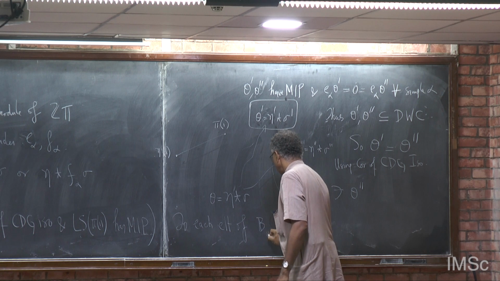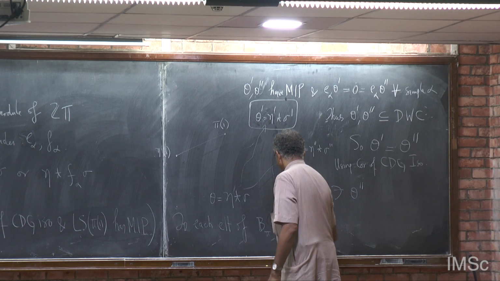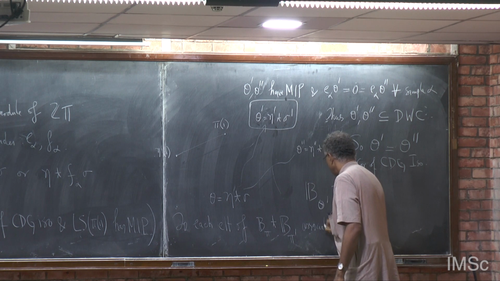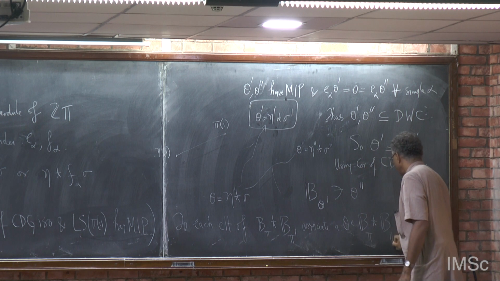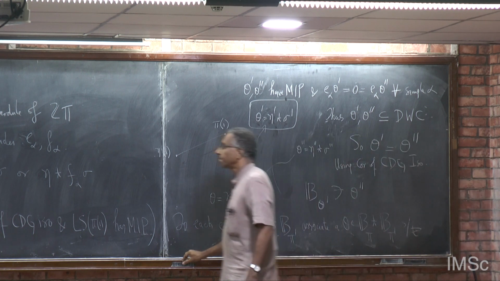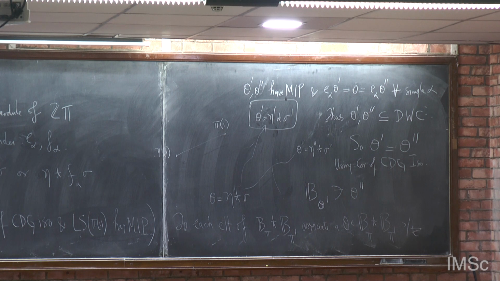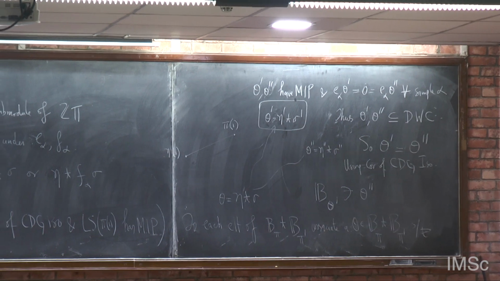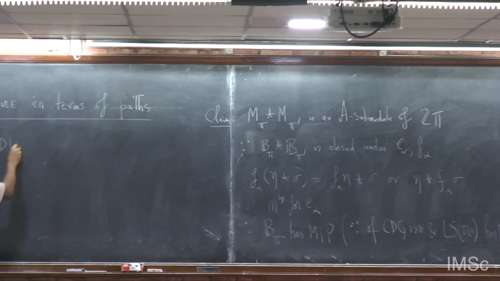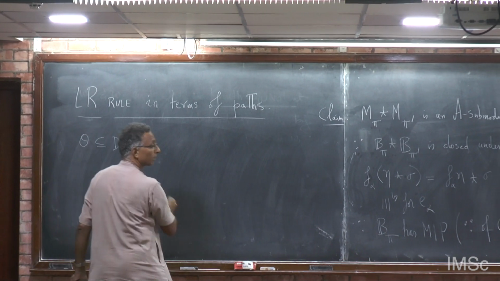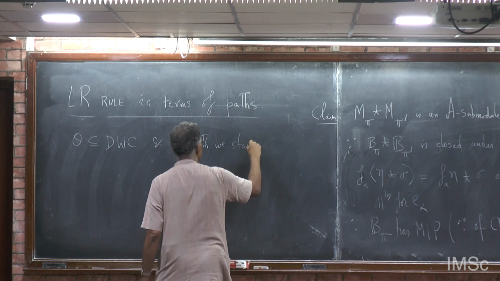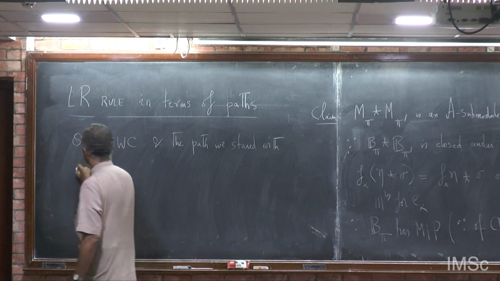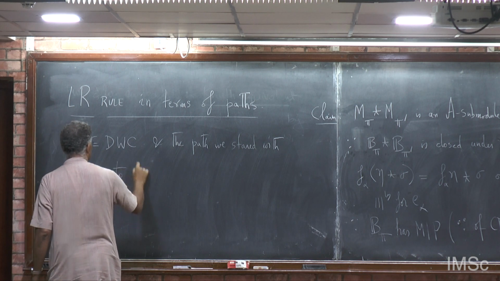So to each element of B pi, associate a theta in B pi such that theta lies in the dominant Y chamber, and the path we started with belongs to B theta.